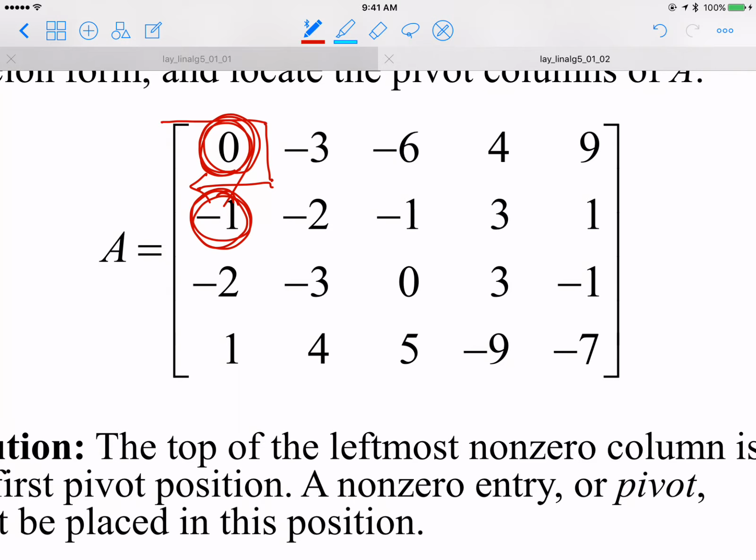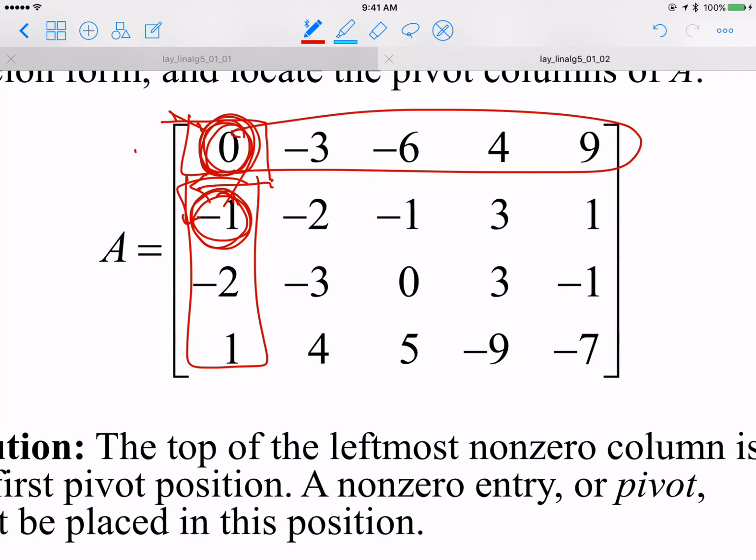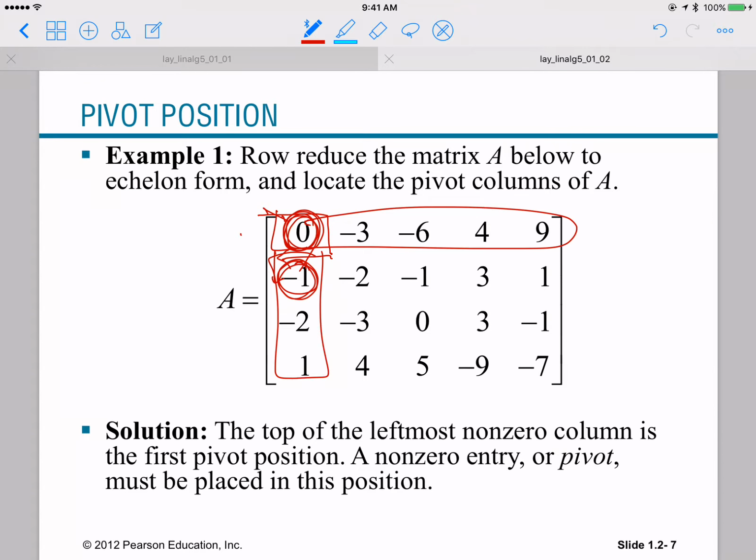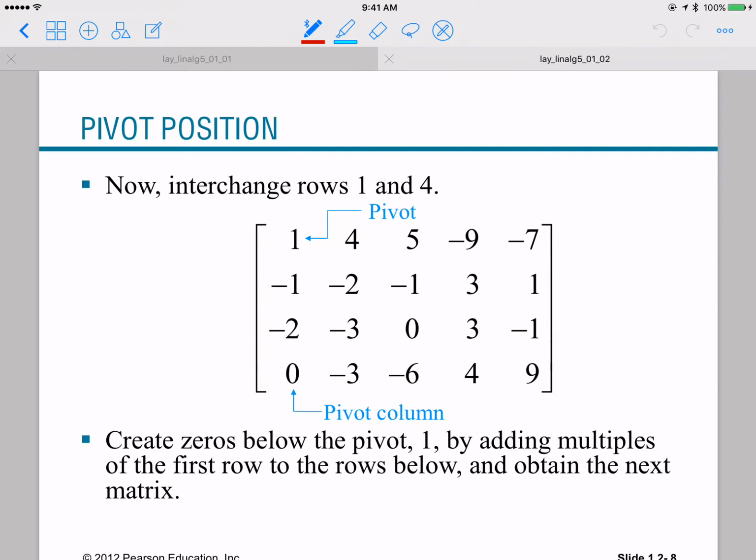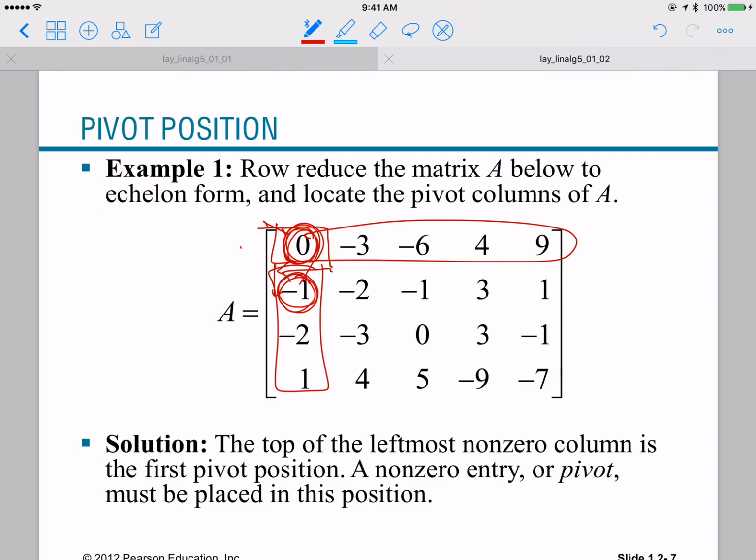So if we see 0, but we see non-zeros below, then we just simply switch and put this row somewhere in the bottom. So let's suppose we change this one with the fourth row.